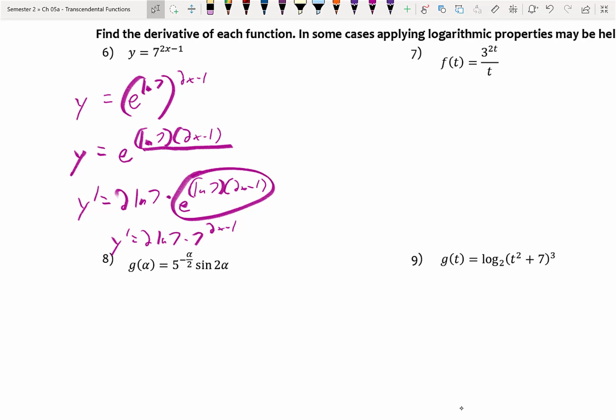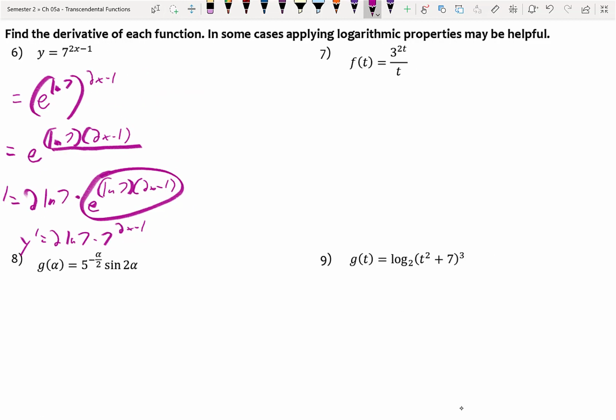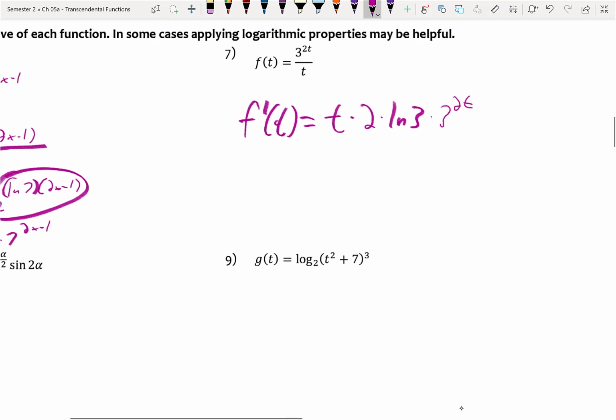So let's do lots and lots of examples of this as you guys get used to this. Okay, number 7, we're going to do low d high. D high is the derivative of 3 to the 2t, so 2 times ln of 3 times 3 to the 2t, minus high, which is 3 to the 2t, d low, which is 1, over low low.